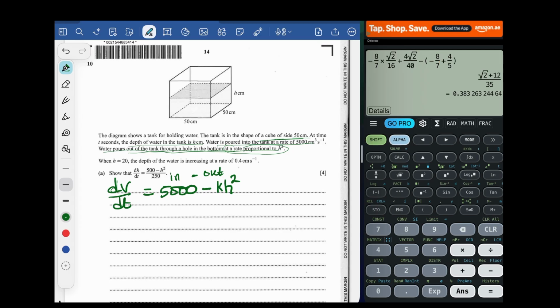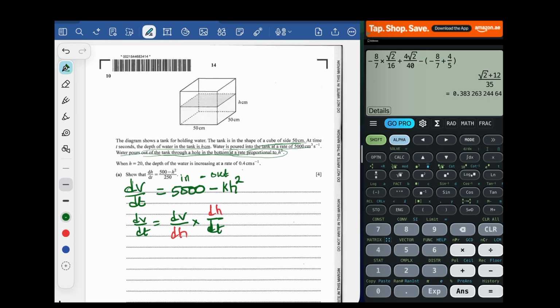All right, and we know that dV by dt is dV by dh times dh over dt. So what do you think this should be? Obviously this should be dh. I'll write that in different colors. That's how I normally remember it.